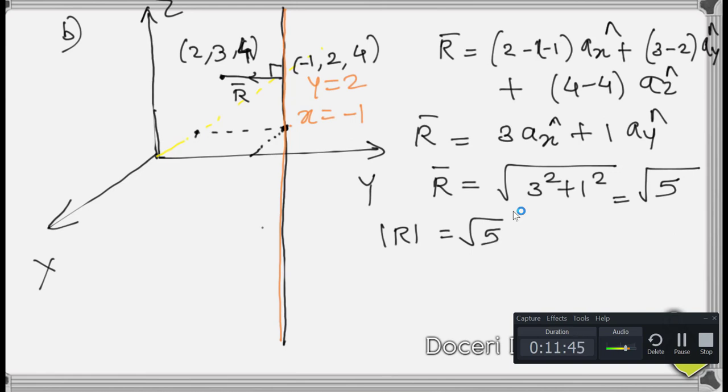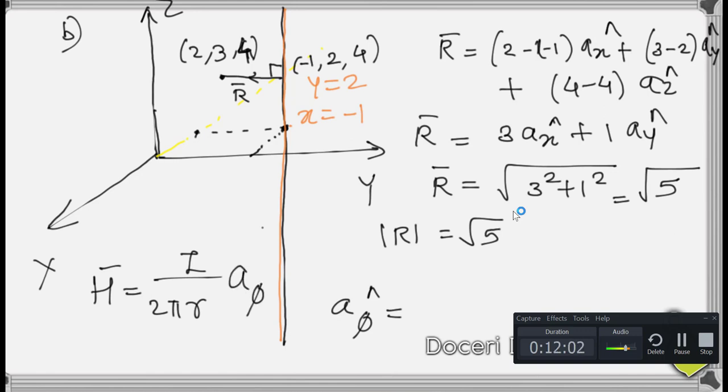Then the main thing is finding A phi cap, because what is H? H bar is equal to I upon 2 pi R into A phi cap. That is the equation. So what is A phi cap? AL cross AR, right? So AL cap in this case, the length is again parallel to Z axis.